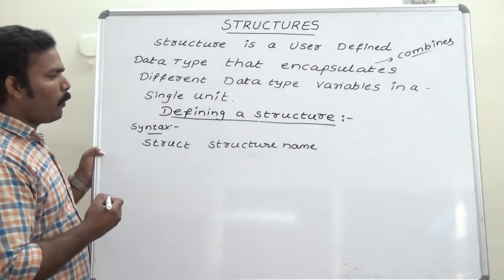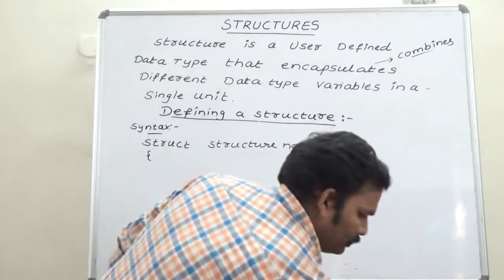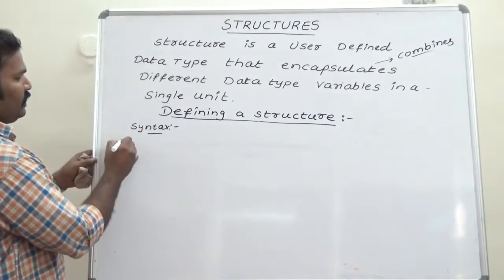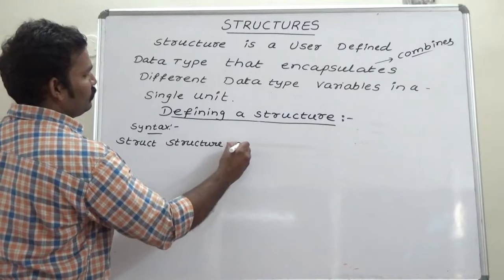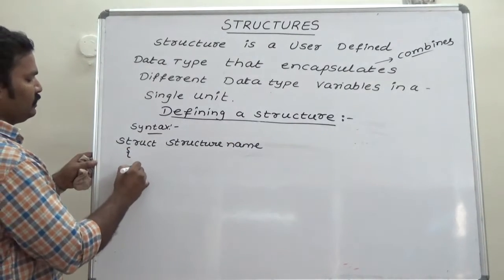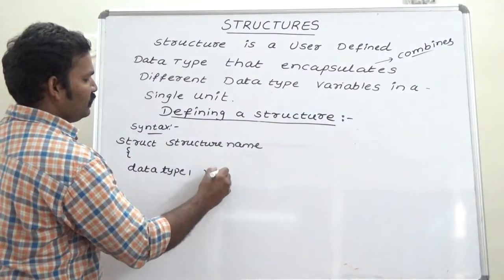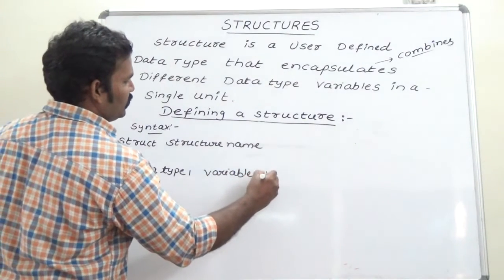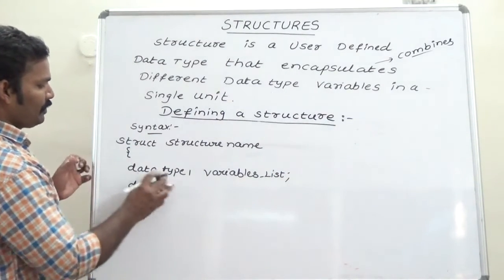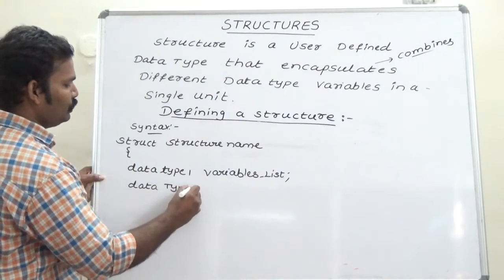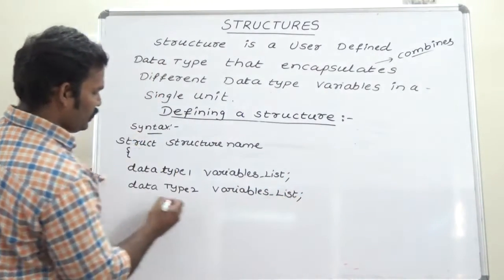Structure name, opening brace, then data type 1, variables list; next data type 2, variables list, and so on.